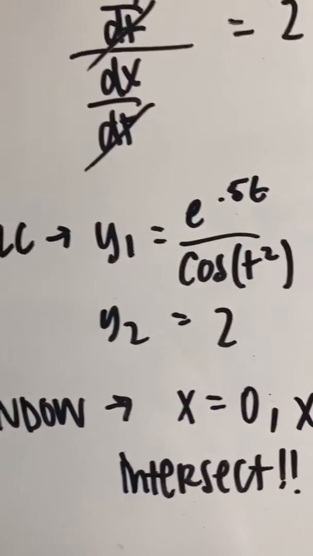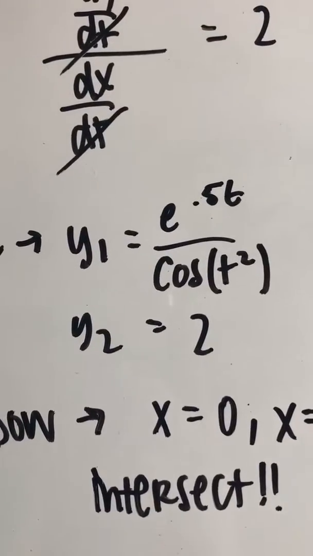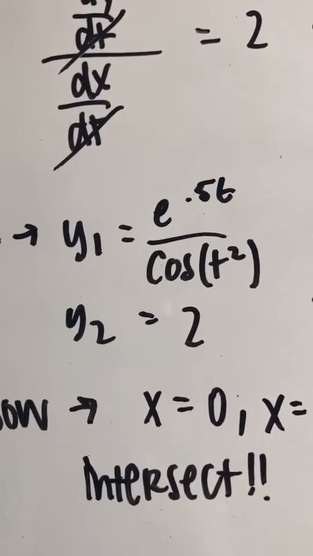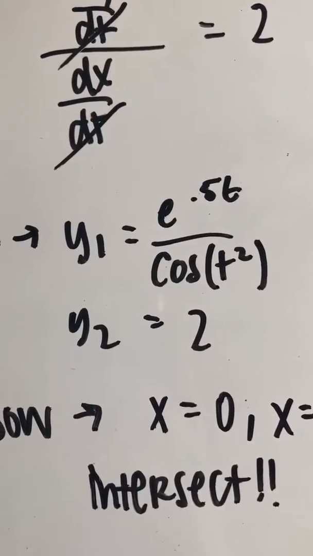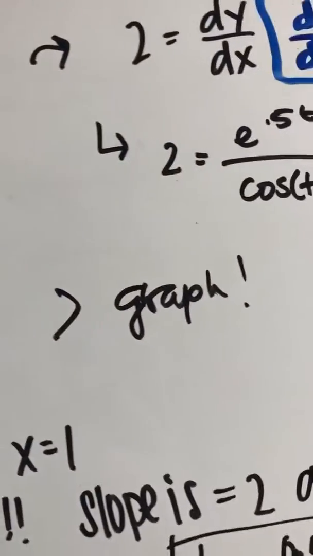What you're going to do is graph it and find the intersection. So you're going to do y1 equals e to the 0.5t over cosine t squared, and then y2 as 2, and then hit graph.